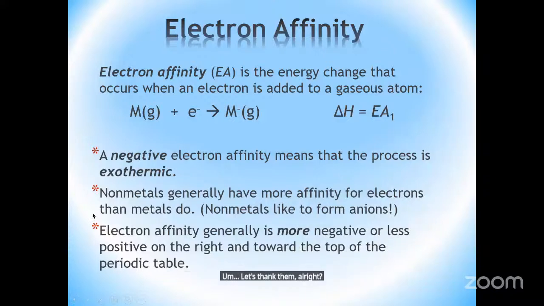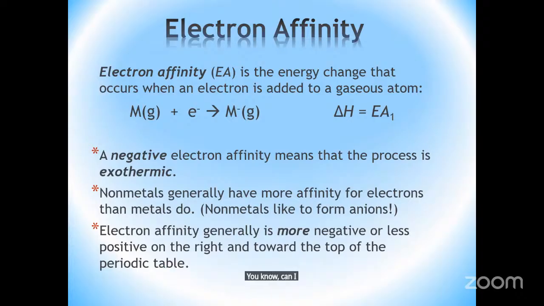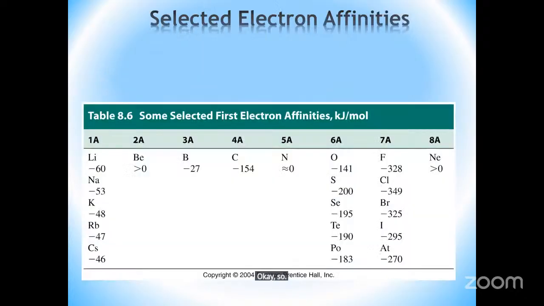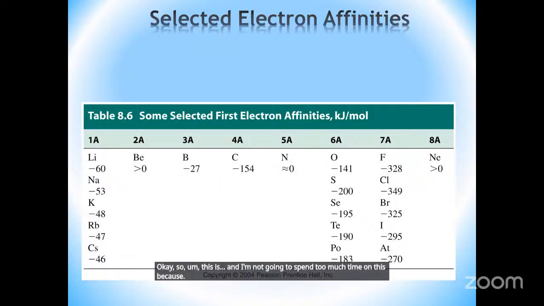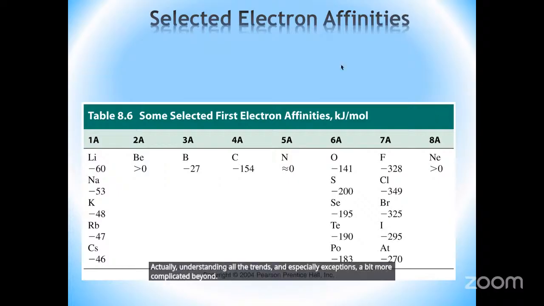As a result, nonmetals tend to have a greater affinity for electrons, and therefore the electron affinity will be more negative for nonmetals compared to metals. I'm not going to spend too much time on this, because understanding all the trends and especially the exceptions is a bit more complicated and beyond the scope of this course.